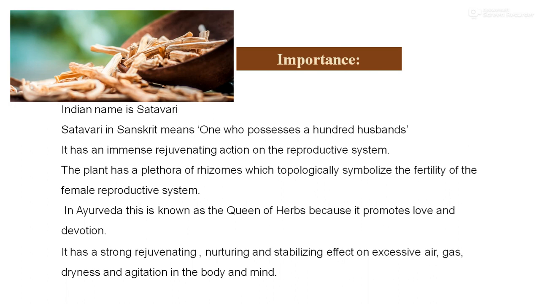It has a strong rejuvenating, nurturing and stabilizing effect on excessive air, gas, dryness, agitation in the body and mind. Among the 3 Ayurveda doshas in the human body, that is Vata, Pitta and Kapha, Shatavari effectively helps in balancing the Pitta dosha.